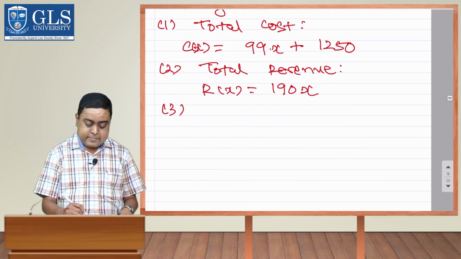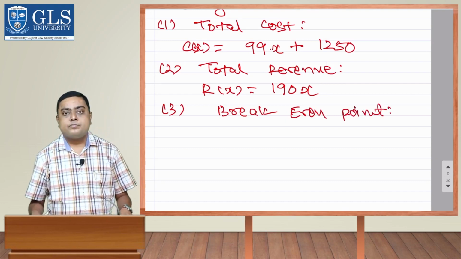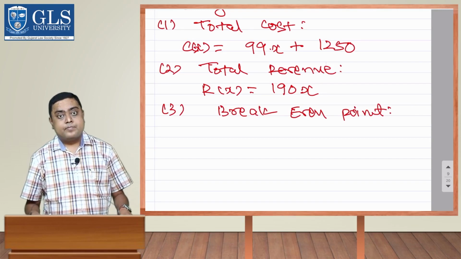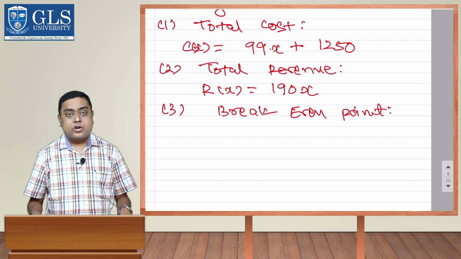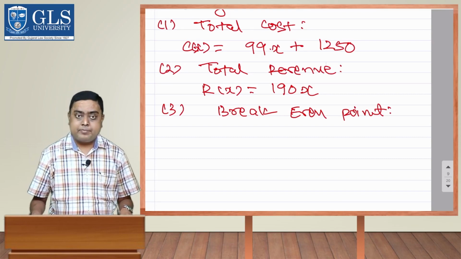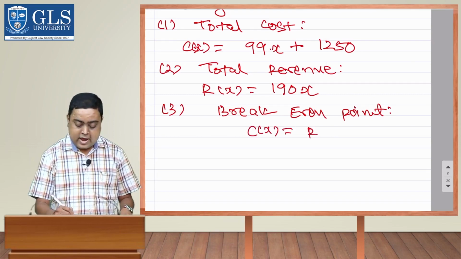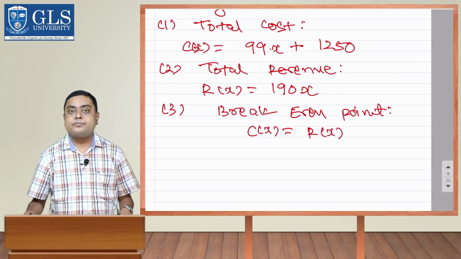Now I determine the break even point. So we know that when total revenue and total cost are equal, we get the corresponding break even point. So I am going to compare the cost and revenue functions.